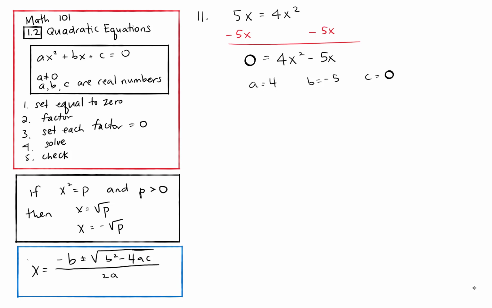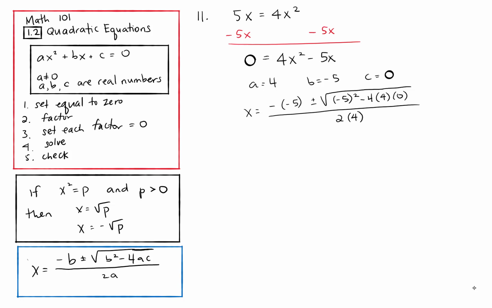So when you plug that into our formula, you get x is equal to negative b plus or minus the square root of b squared minus 4ac all over 2a.